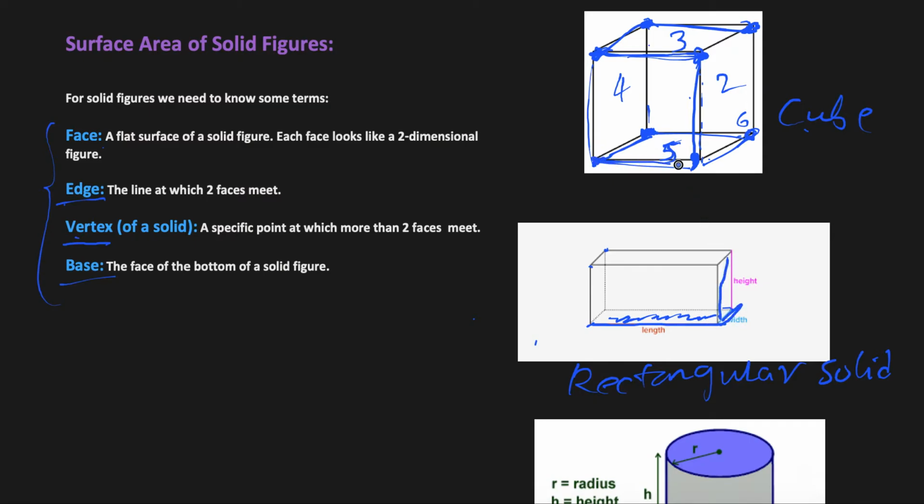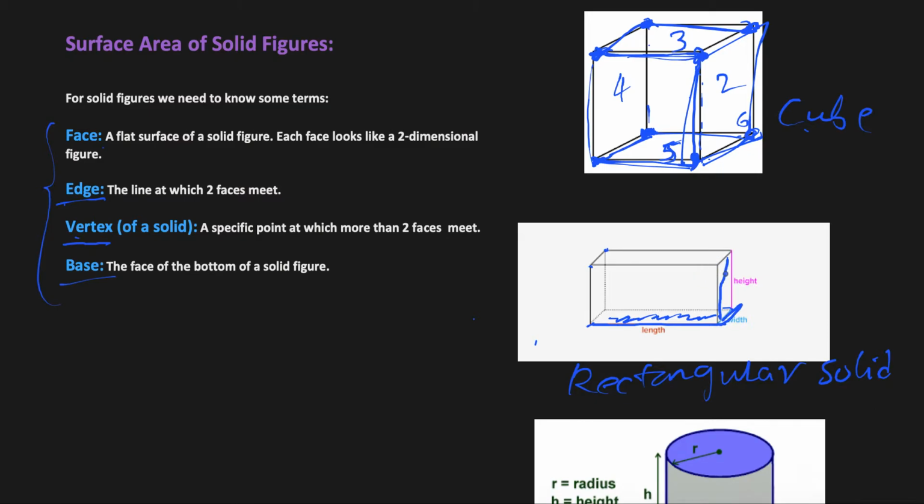In a cube, all these edges measure the same, and in a rectangular solid they need not.